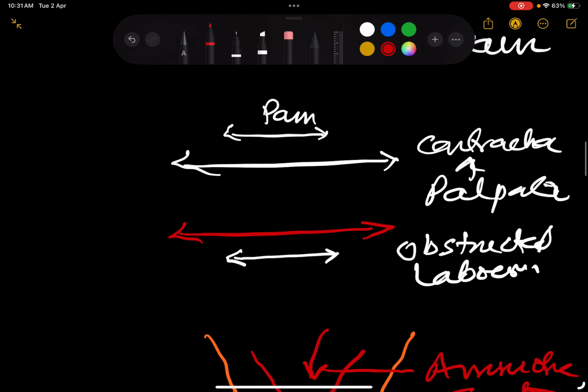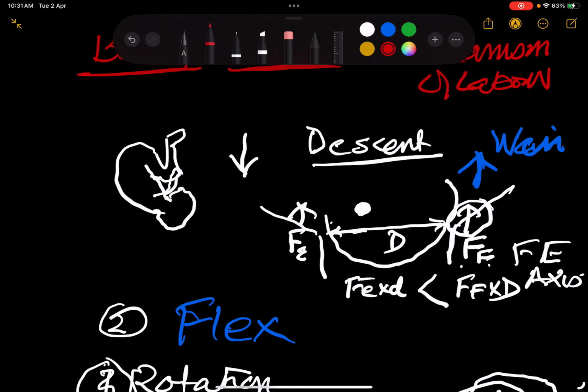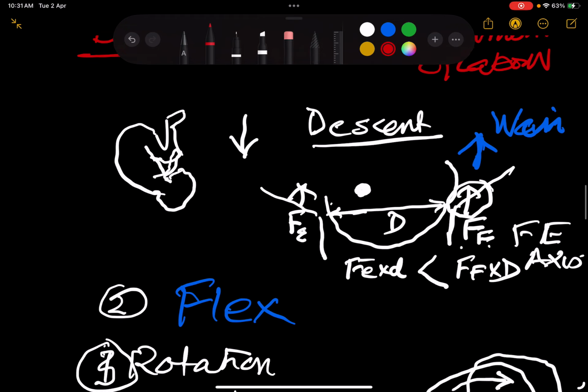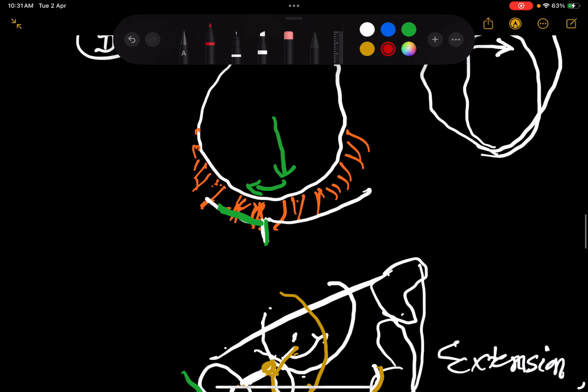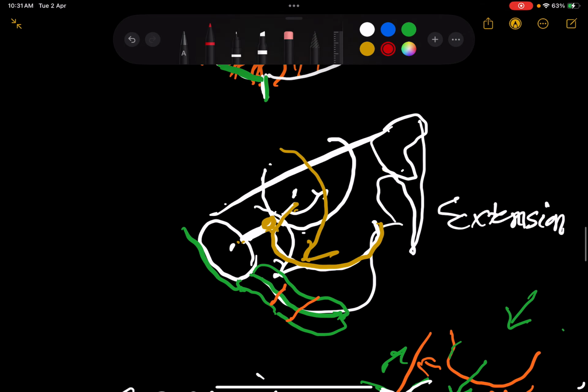So the first movement of the baby is descent, and then with the descent, because of the atlanto-occipital joint being nearer the occiput, the resistance of the pelvis flexes the head. The lowest portion of the head now, which is the occiput, goes anterior, that is the rotation. And after the rotation, there is more resistance from the pubic symphysis, so the occiput stops and the face goes on descending across the anterior surface of the sacrum, that is extension.